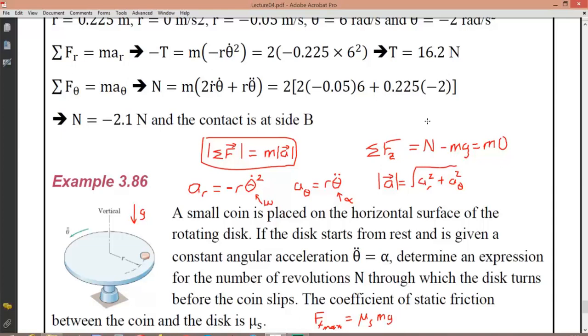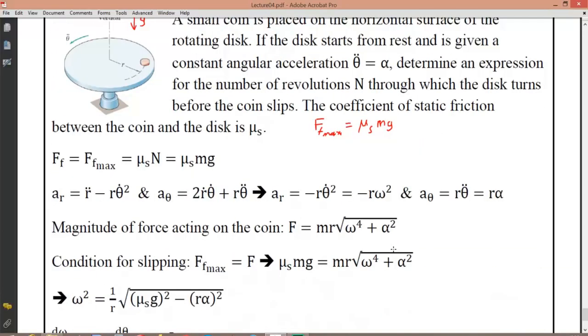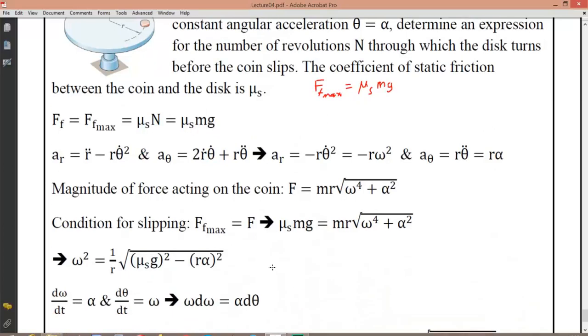So as a result of that, from this equation we get this equality: mu s times mg is equal to m times the square root of a_r squared plus a_theta squared. Here we have the information about it.